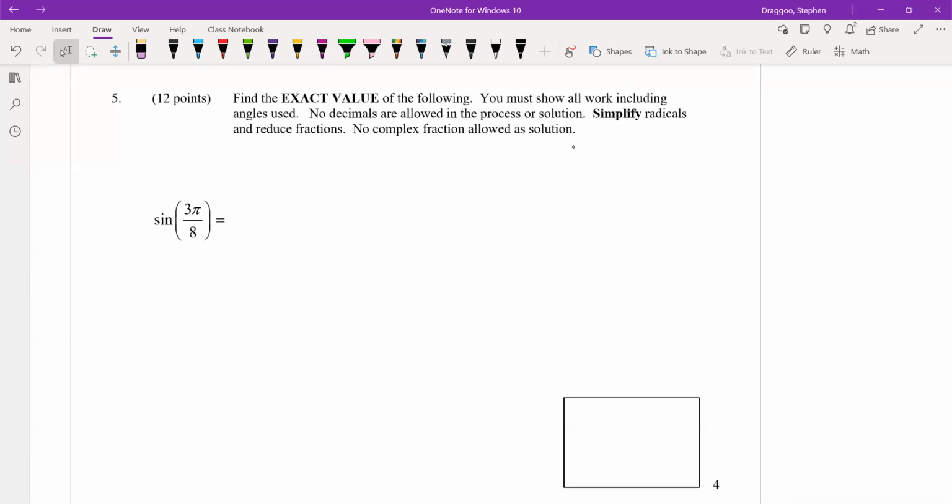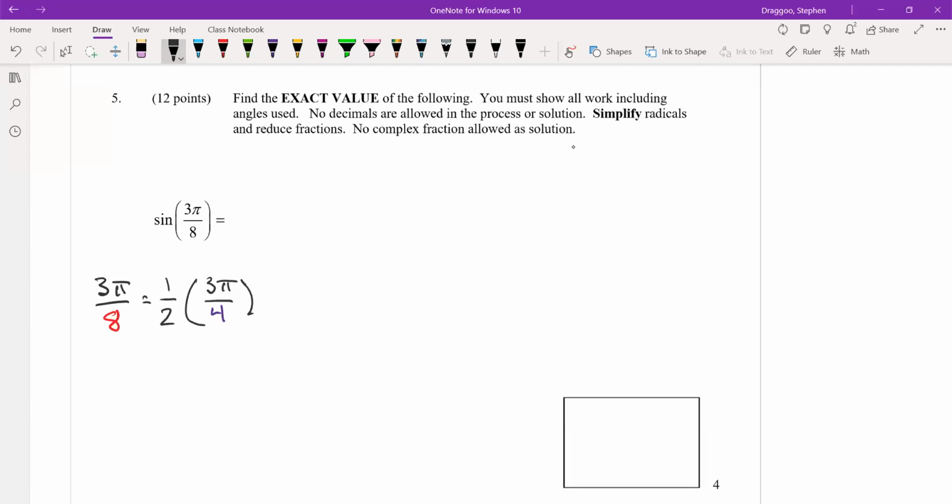Okay, and then I think the last couple of problems. Now we're going to move on from the solve the triangle type problems and go back to the sum, difference, and double and half angle formulas. So this one should look like, well, first I want to notice that 3 pi over 8 is equal to half of 3 pi over 4.